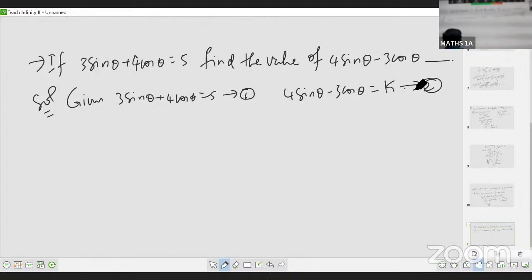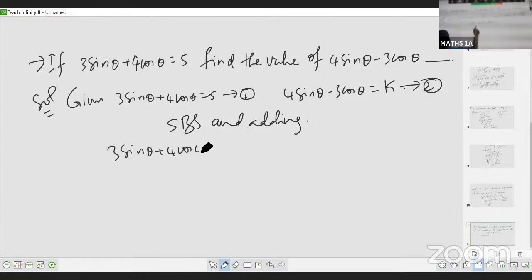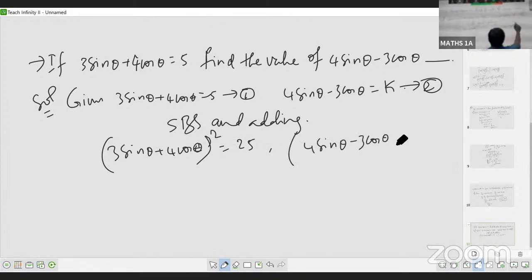Now, square on both sides and add. 3 sin theta plus 4 cos theta whole square equal to 25, and 4 sin theta minus 3 cos theta whole square equal to k square.